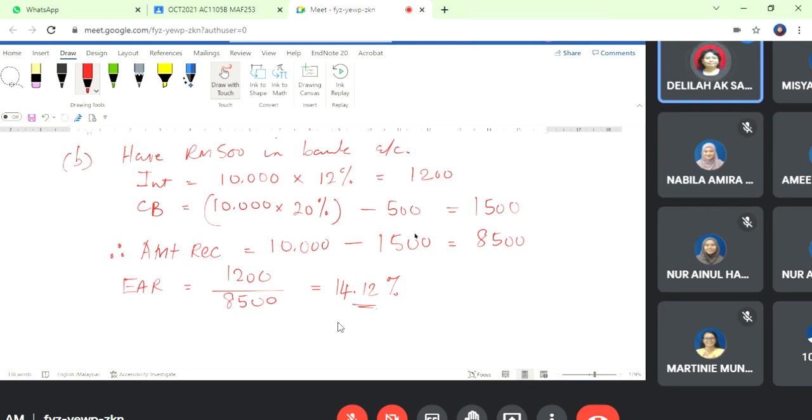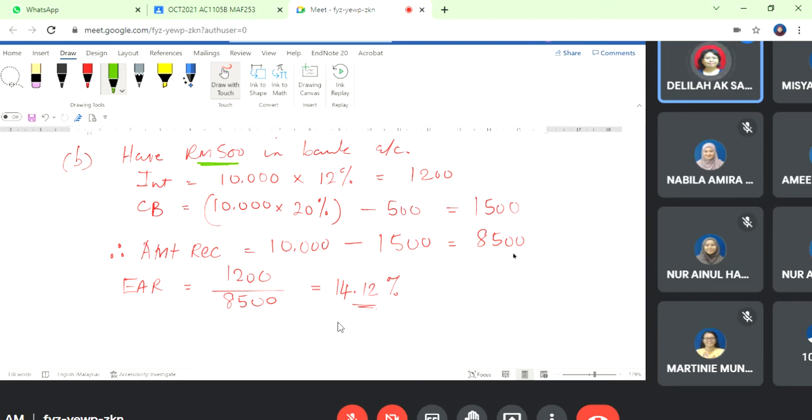So when you have some amount of cash in your bank account, this will reduce the amount of CB. When you are able to reduce the CB, you can receive more.